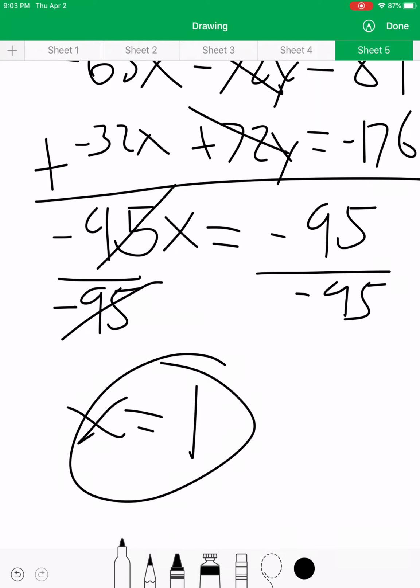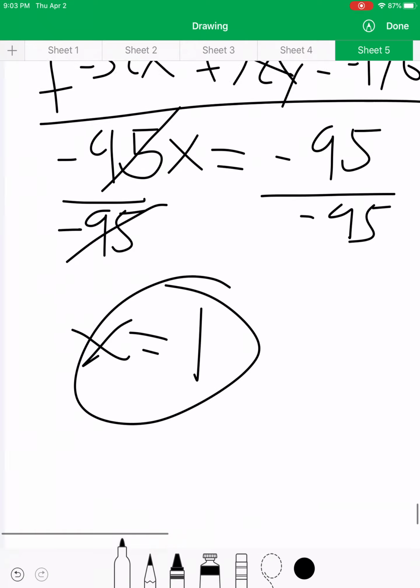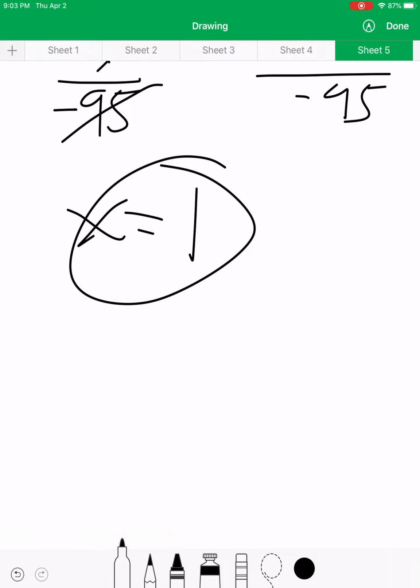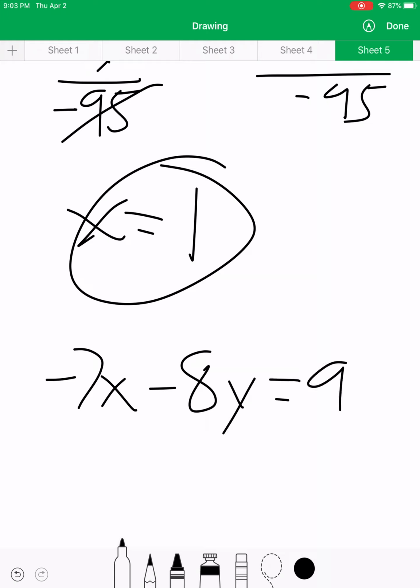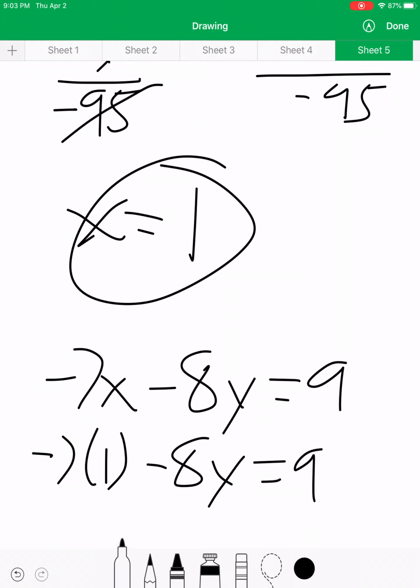Once you know what x is, take that and plug it back into one of your original equations. I'm going to choose the top one, negative 7x minus 8y equals 9. So substitute in 1, there's 1 right there, minus 8y equals 9.